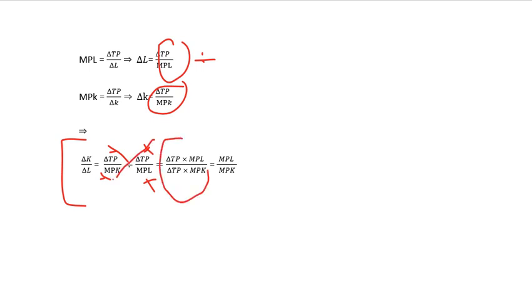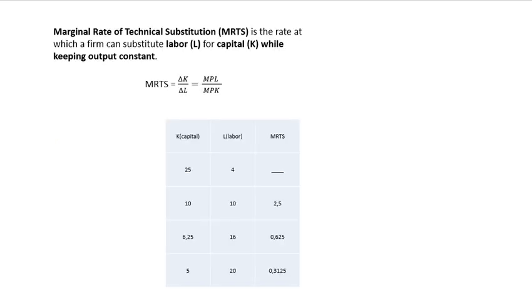So we can cancel delta TP and delta TP here, and we will get this. So as we said, MRTS equals either the change in K over the change in L, or MPL over MPK.